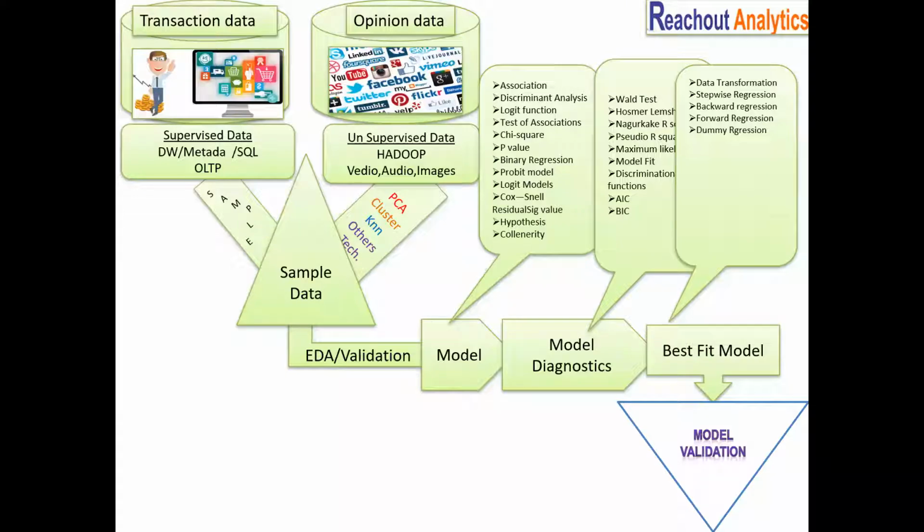Now machine learning has three types: functional model, classification model, and forecasting model. Forecasting model is a time series. Functional model is regression. Classification model is logistic regression. So today our task is fulfilling these things with different kinds of tools, which are SAS, R, SPSS, Python.